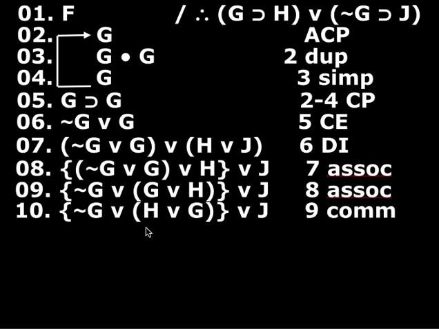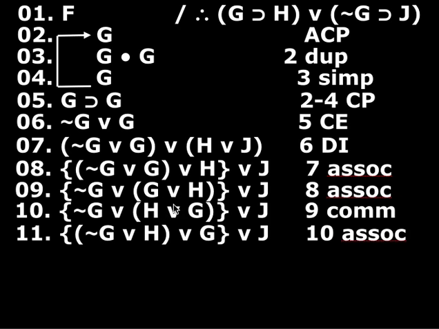Okay, so now that I've done the commutation, I'm going to move these parentheses back over to the left. So looking at this part, it's 3 disjuncts. The last 2 were associated. Now I'm going to associate the first 2. I'm just going to move these parentheses over to the first 2 here.